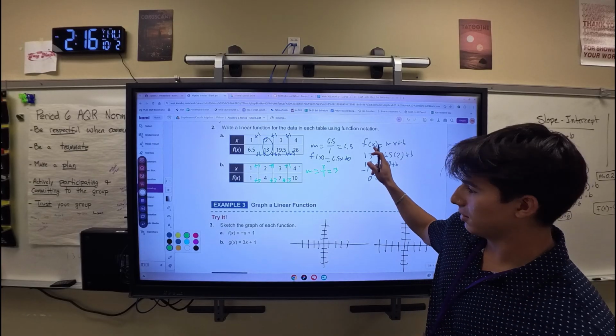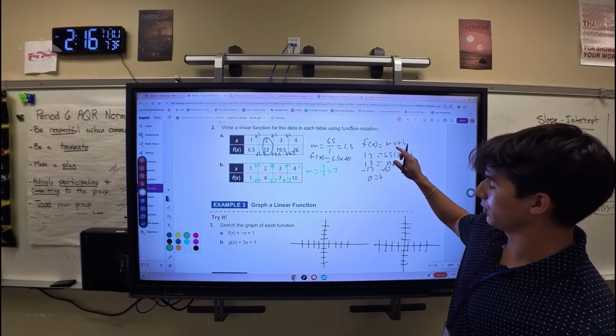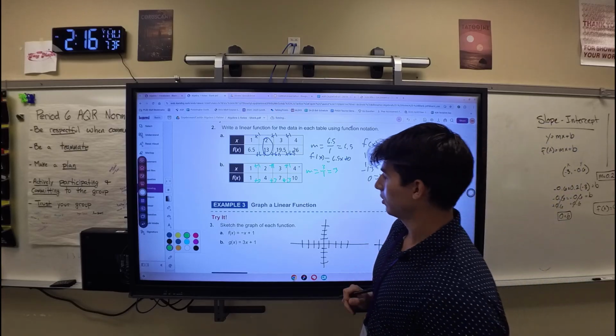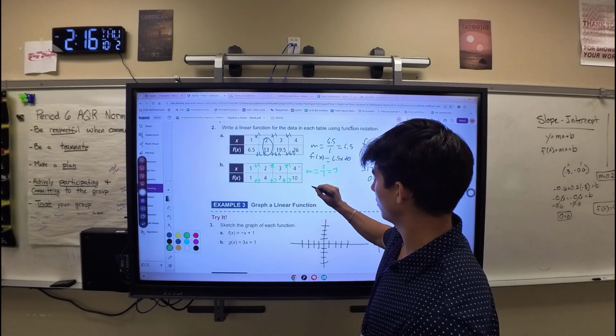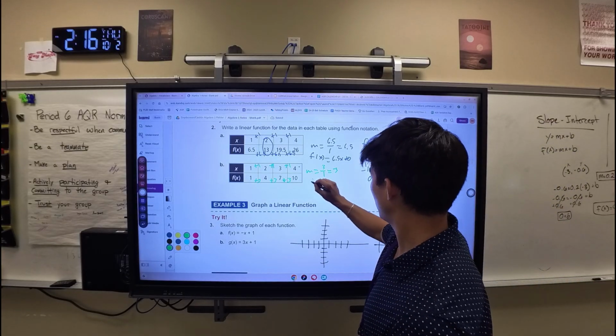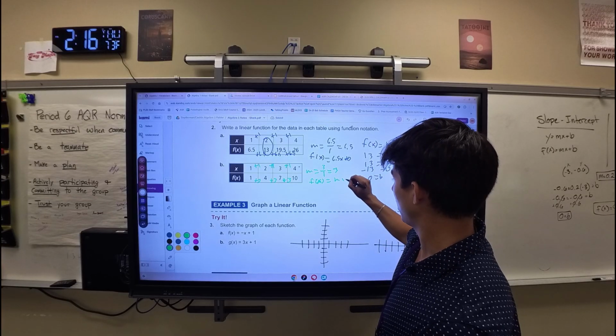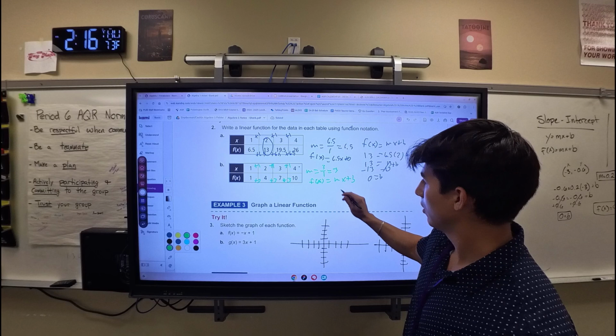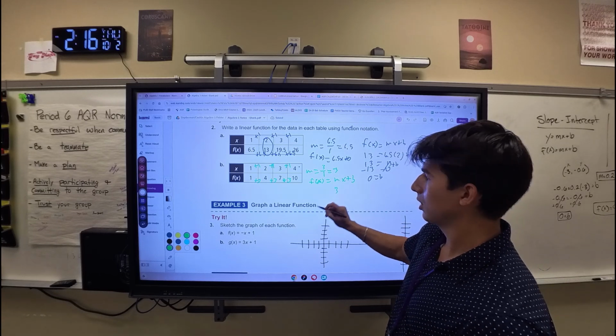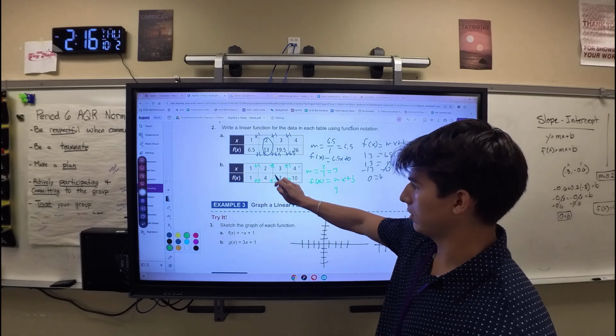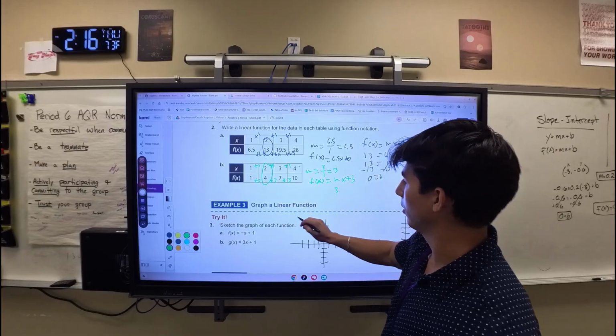And then same as last time, we're going to use our f of x equals mx plus b to solve for our b. So f of x equals mx plus b. We know m is 3. And we're going to pick one of our points. Let's use 2, 4.